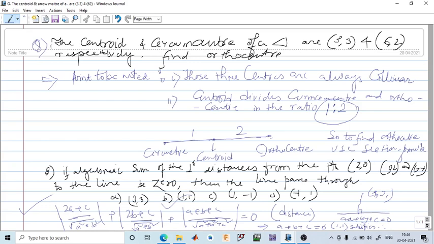If we solve, you will see that overall it is coming a plus b plus c equals to 0. That means if we put x equal to 1, y equal to 1 in the equation ax plus by plus c equals to 0, then the condition is satisfied. That means (1, 1) is the answer, right?